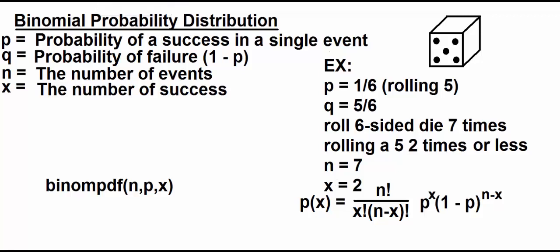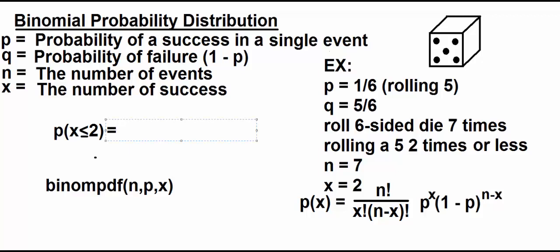So everything would stay the same. What we're looking for here is the probability of x being less than or equal to 2.